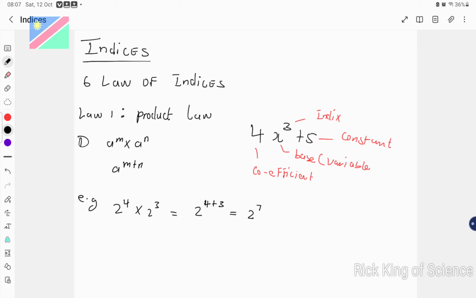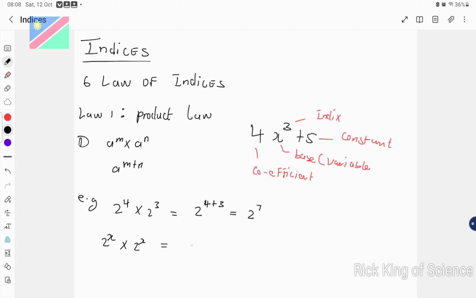It's like that. Another thing that's important here is this one that normally we don't really talk about. Let's say you have maybe 2 power x times 2 power x. In that case, remember the law says that if the bases are the same, add up the index.